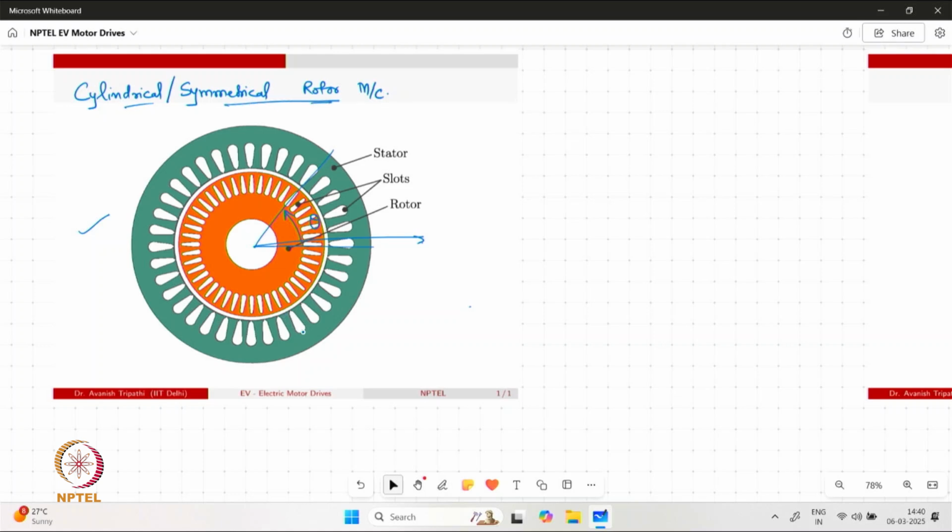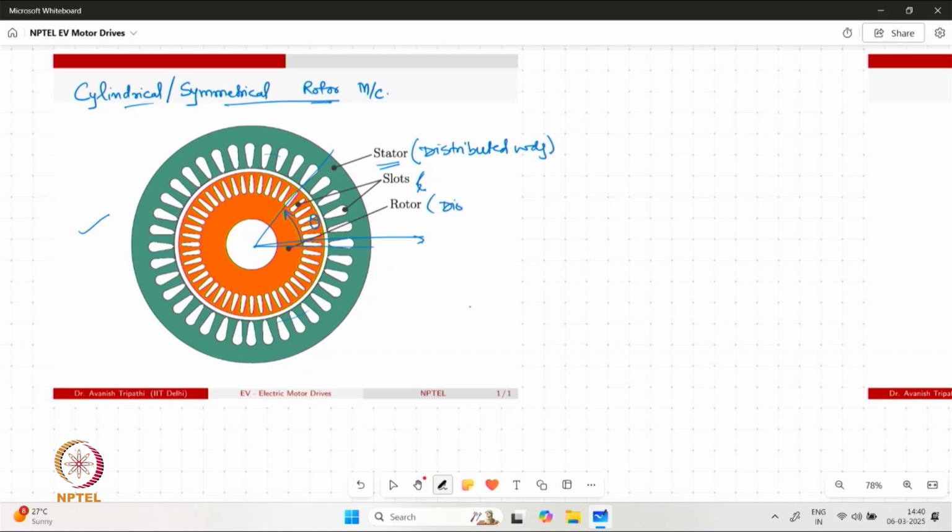Now, when we see this structure, on the stator we have slots provided for keeping the stator winding, which is distributed in nature. And when we talk about the rotor, there are several options for what could go there.